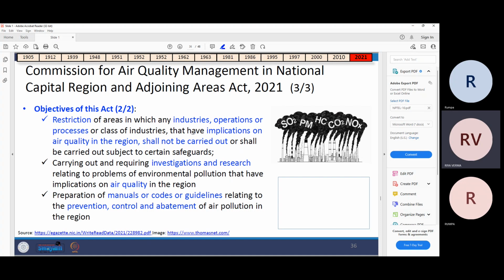Basically, some investigations were also carried out for the areas which have severe values of air pollution, that are higher values of air pollution, which are being observed in certain areas. So some investigations were also carried out in those areas, and preparation of manuals or codes is also there, and some guidelines have been formulated related to the prevention, control, and abatement of air pollution in the region.